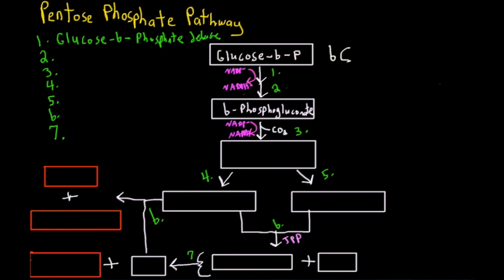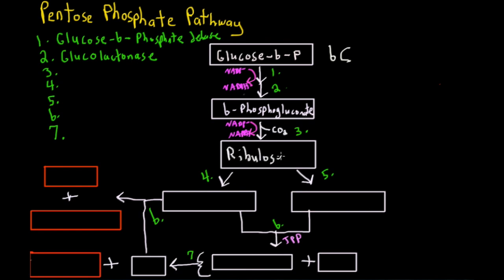Now this next enzyme, since this is just a reconfiguration step, there's not going to be any extra products involved, but this next enzyme is simply called a glucolactonase. Now going from 6-phosphogluconate, we're going to again have a dehydrogenase step, and that's going to give us ribulose 5-phosphate.